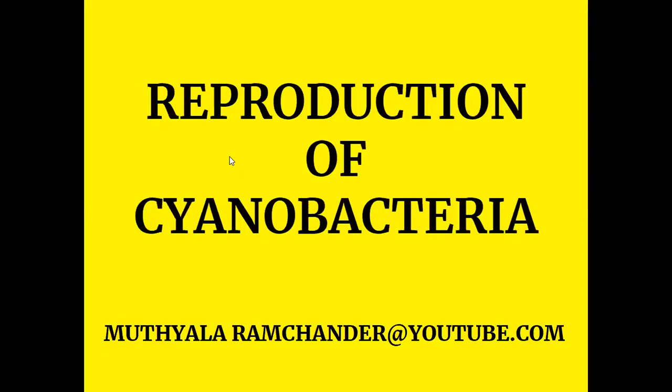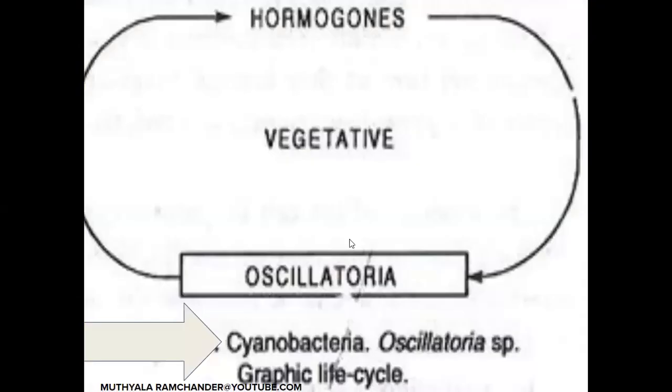And we'll discuss reproduction of cyanobacteria. Generally, reproduction in cyanobacteria is mainly by cell division. Sometimes cyanobacteria are involved in vegetative propagation. For example, Oscillatoria contains separation discs in the filament.